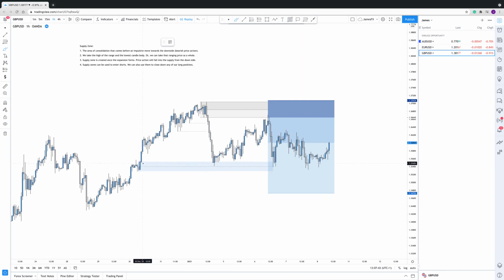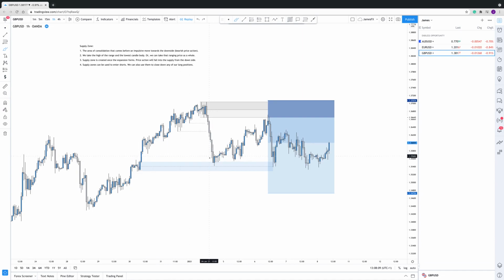Well, it's a demand zone, right? Because we've expanded up from a range. So once we see price come down, we can look for longs from here, because we've tapped into a demand which also left imbalance.